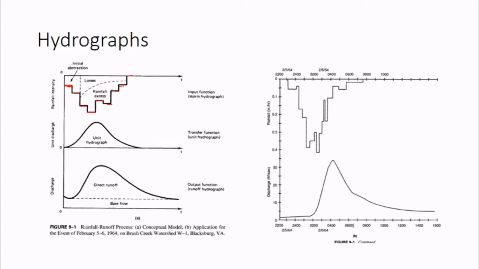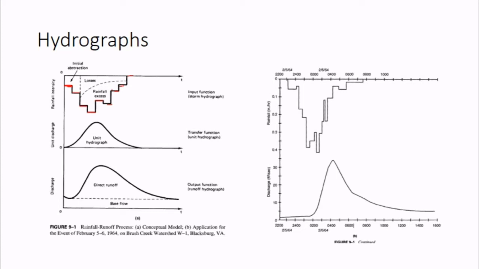Kaya, for example, sa isang storm event, halimbawa may bagyo, pwede tayong gumawa ng hydrograph. Madali lang naman yun. Ang Pag-asa, marami silang hydrographs sa iba't ibang lugar, kalat-kalat yan.